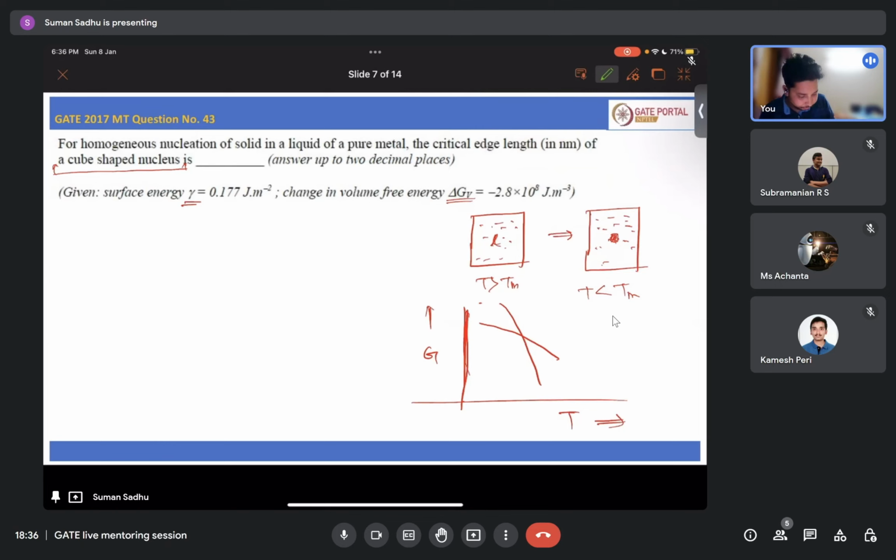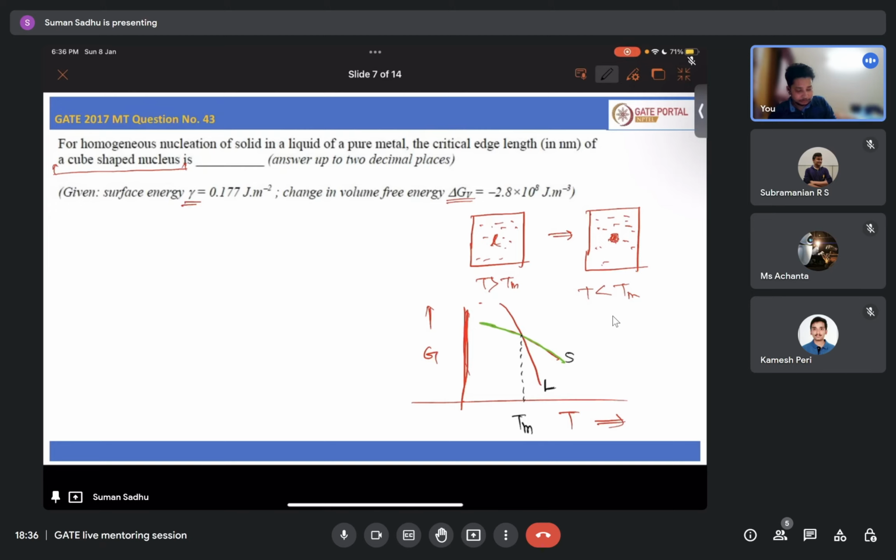Let me use a different color. This is your melting temperature Tm. Above Tm the liquid is stable, that means the G of liquid is lower than the G of solid.